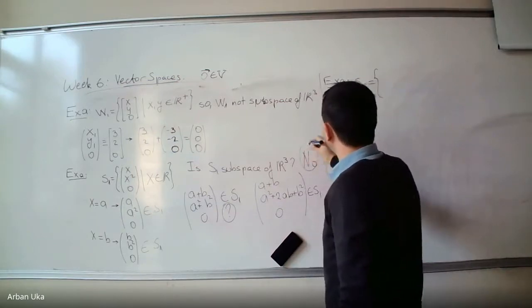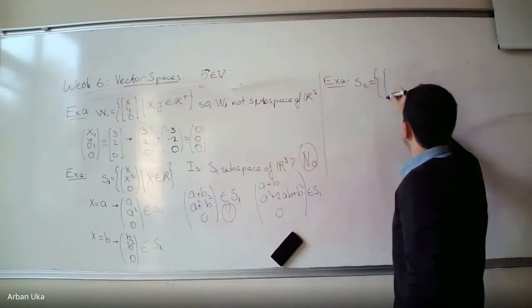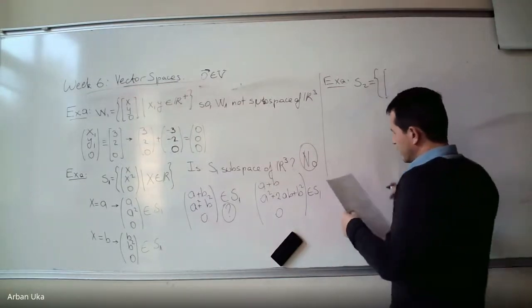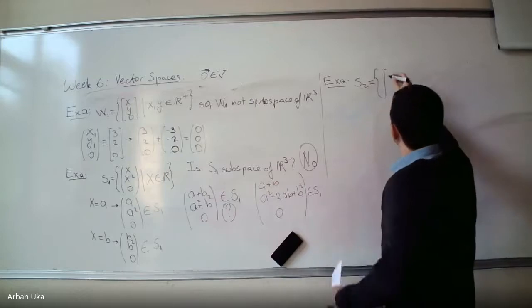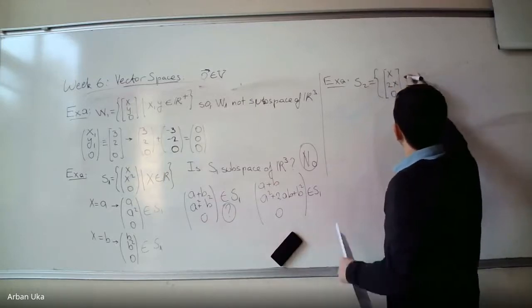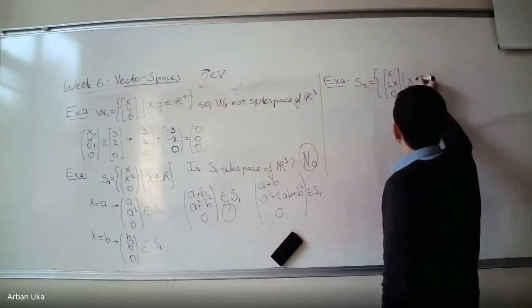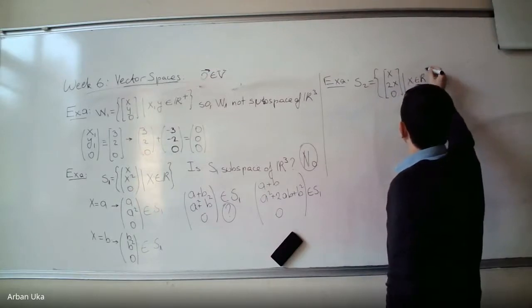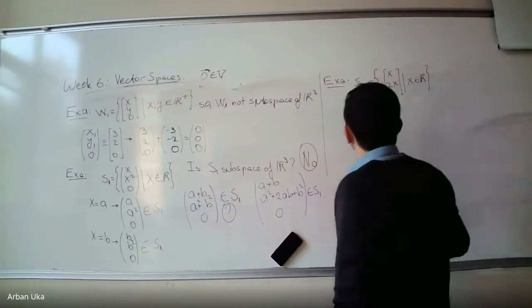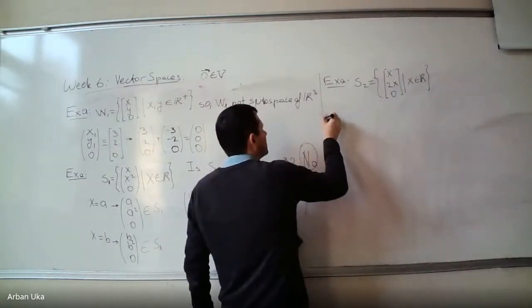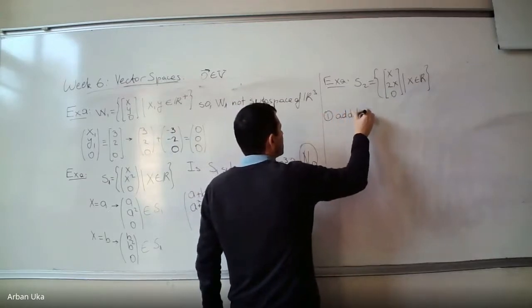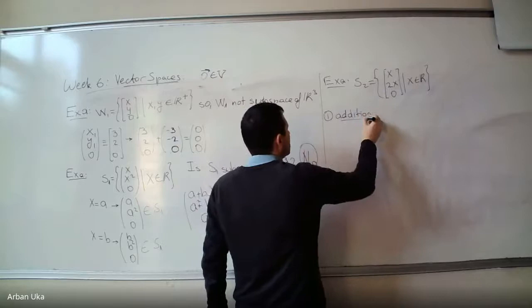We just say no. Here, let's see another example where S2 is equal to x, 2x, and 0, such that x is any real number. So we can first check addition, whether the subspace is closed under addition. How do we do it?